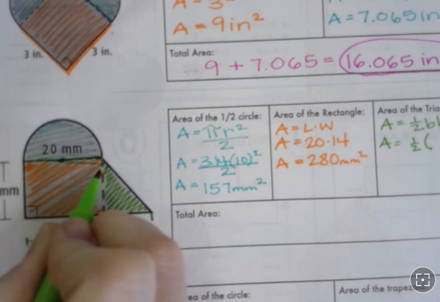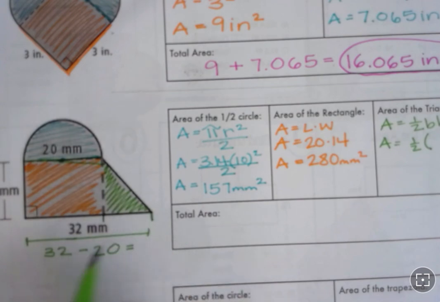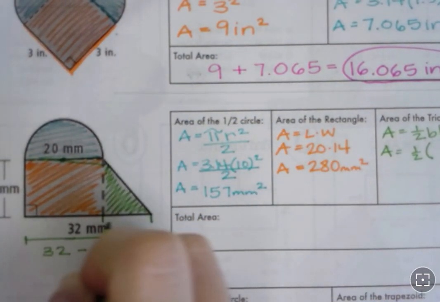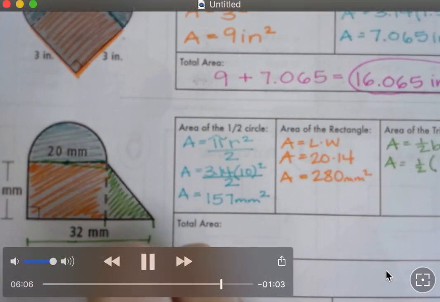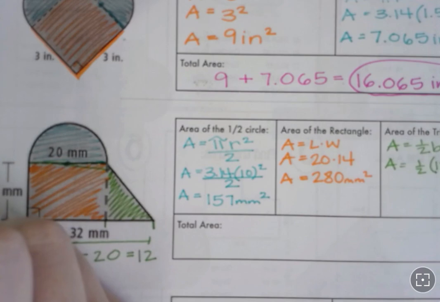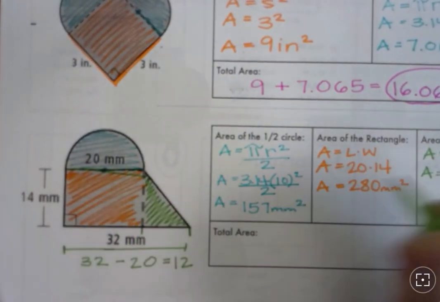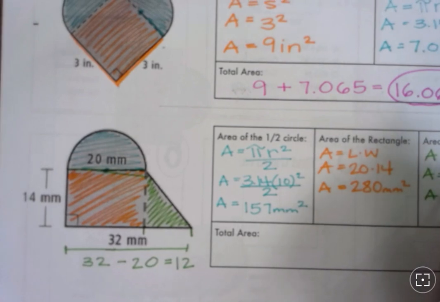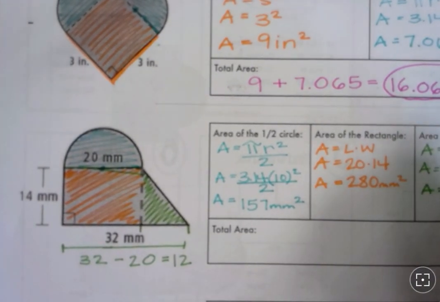By subtracting the 20 from that whole length on the bottom, it's going to give me just this section here. So that would be 12. So 12 times my height, which is still 14. When I do that on my calculator, I get 84 millimeters squared.